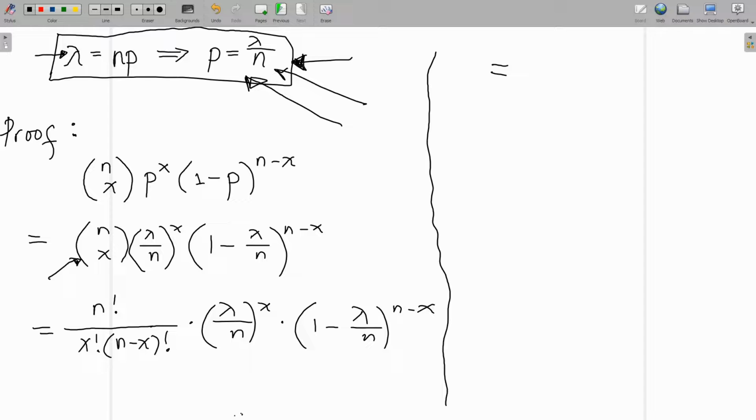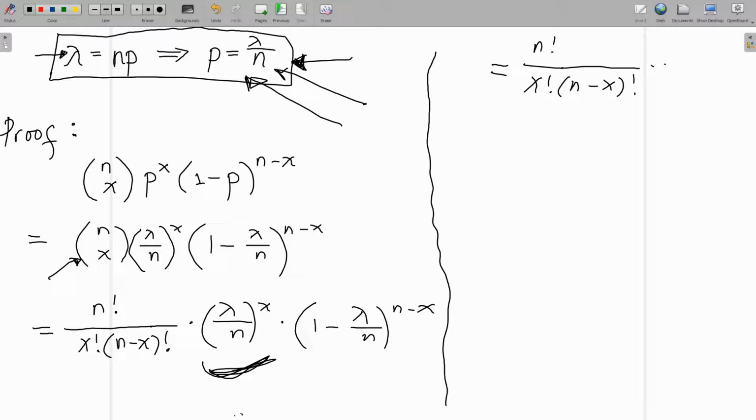So we have n factorial over x factorial times n minus x factorial, times, now I'm going to distribute the exponent x.